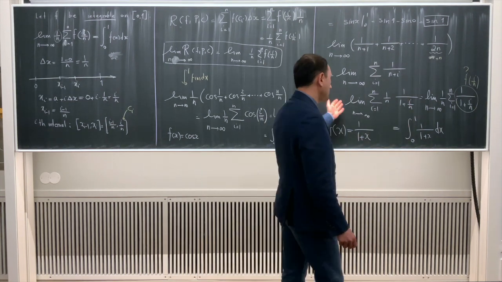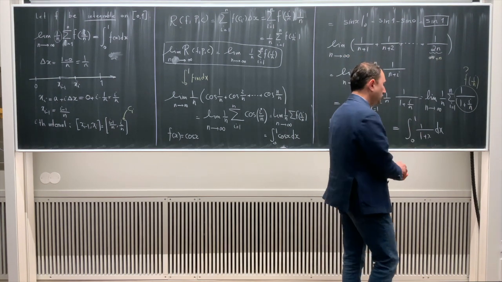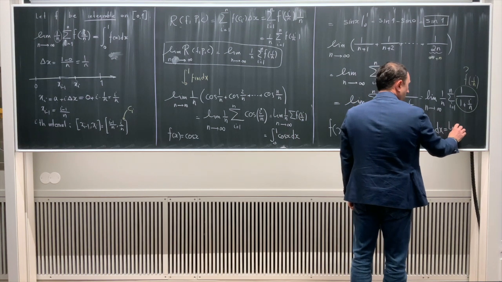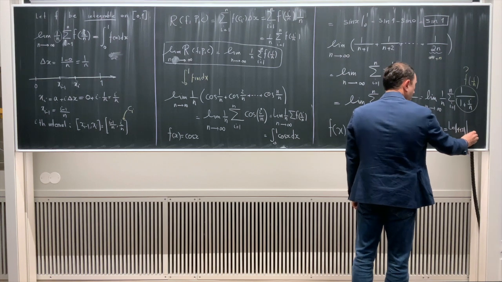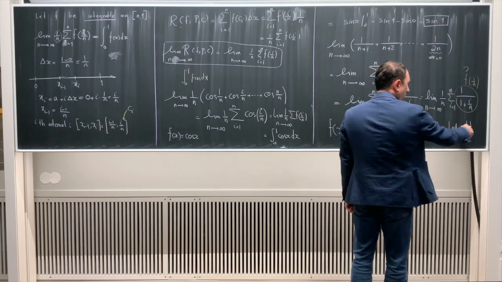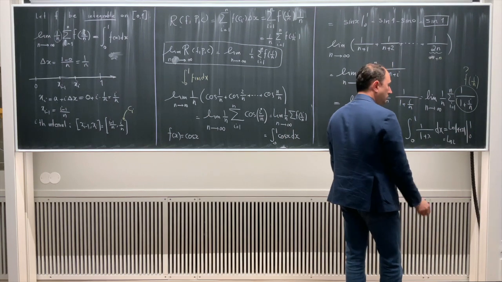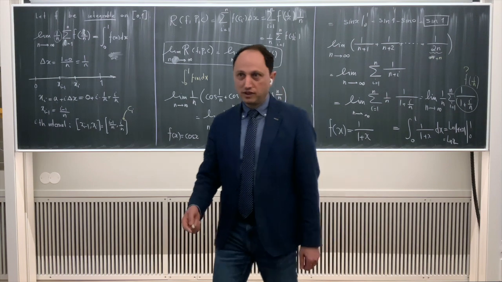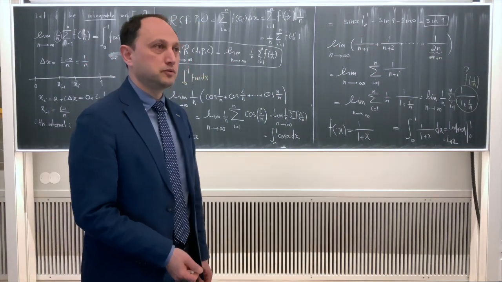So this function is continuous, so it is integrable, and everything is valid. What is the integral here? ln of the absolute value of 1 plus x, x goes from 0 to 1. You put 1 here, it becomes ln of 2. You put 0 here, ln of 1 is 0. So the answer is surprisingly ln of 2. You might not be able to guess that the limit is ln of 2.